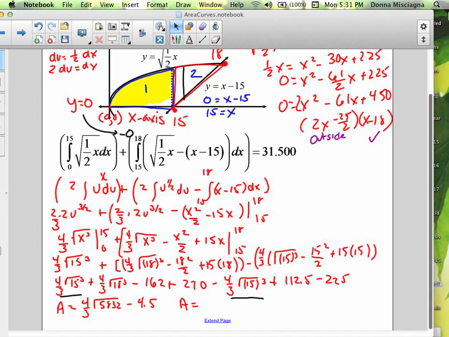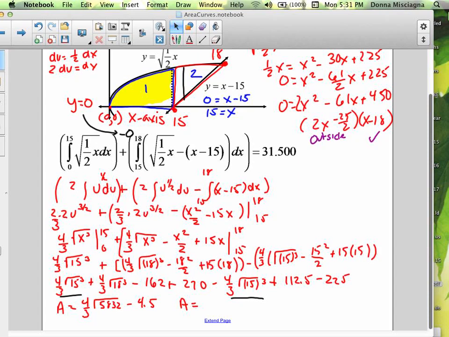So this is just the square root of 1/2 x, so that's going to be 2 times the integral of u to the 1/2 du. And then we're going to subtract the line from that second piece, so that's the integral of x minus 15 dx, and that one is simple to integrate. So we integrate u to the 1/2: we increase the exponent by 1 and divide by 3/2.